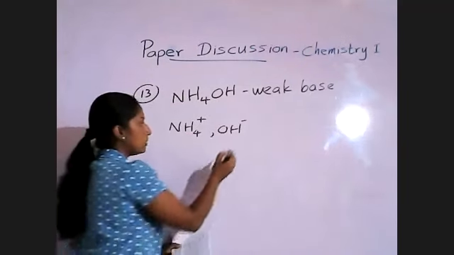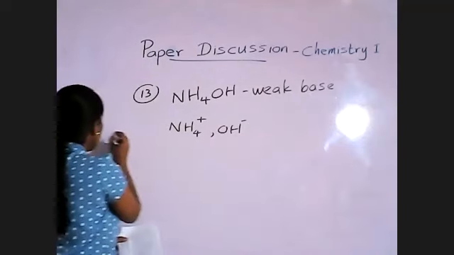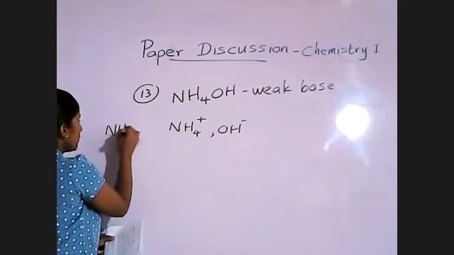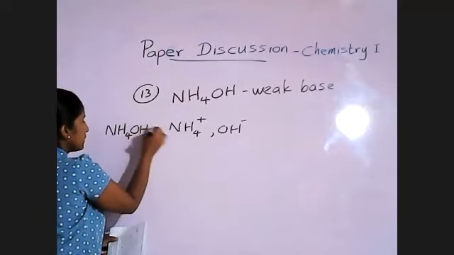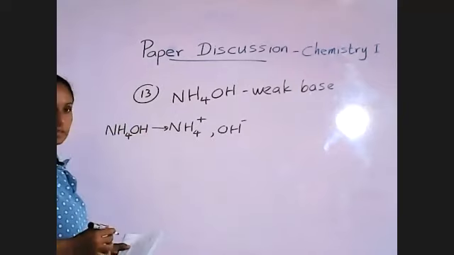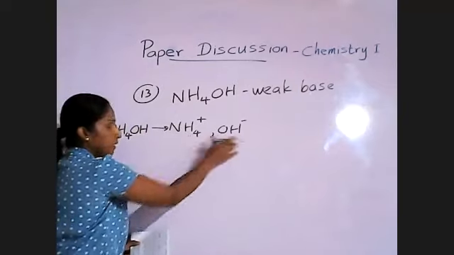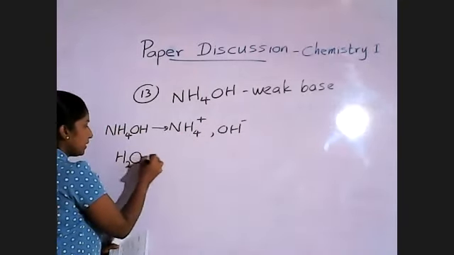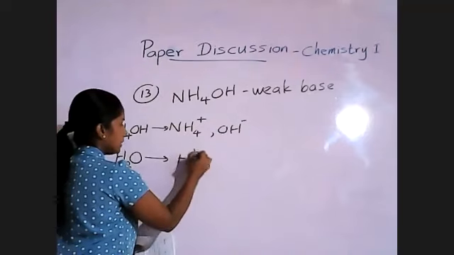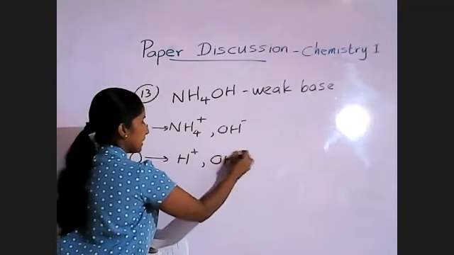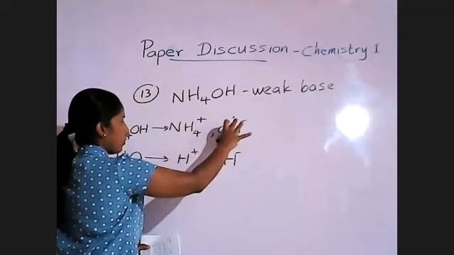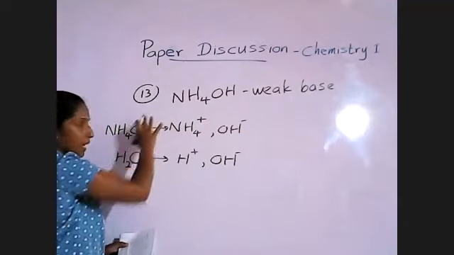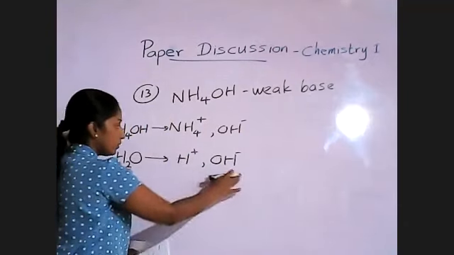These are the ions from ammonium hydroxide, NH4 plus and OH minus. Then what are the ions from water? Yes, H plus and OH minus ions. So there are OH minus ions from ammonium hydroxide and from water also.